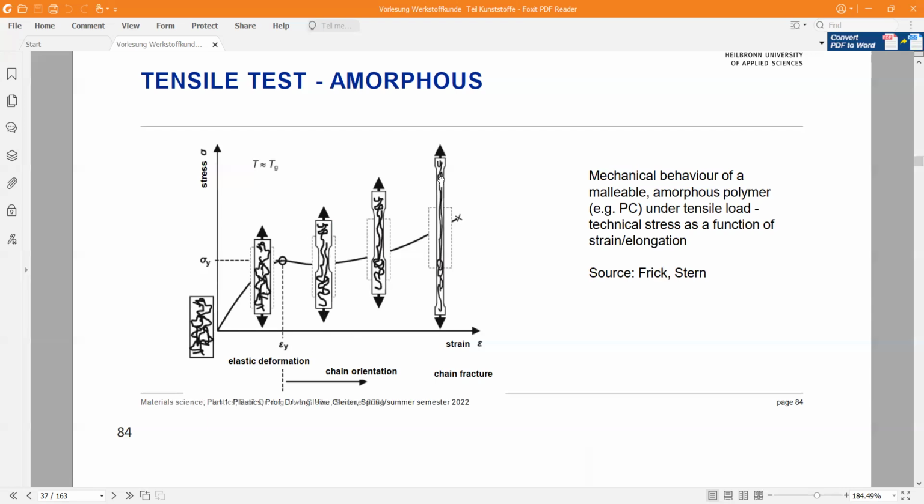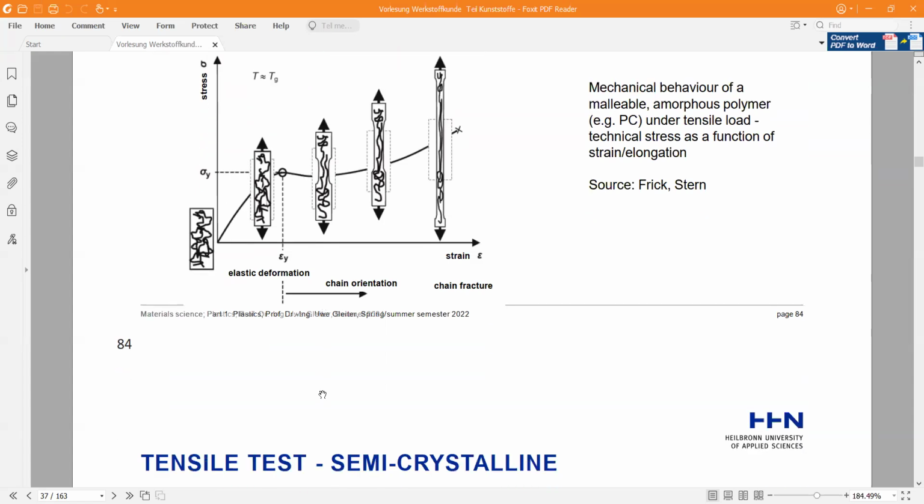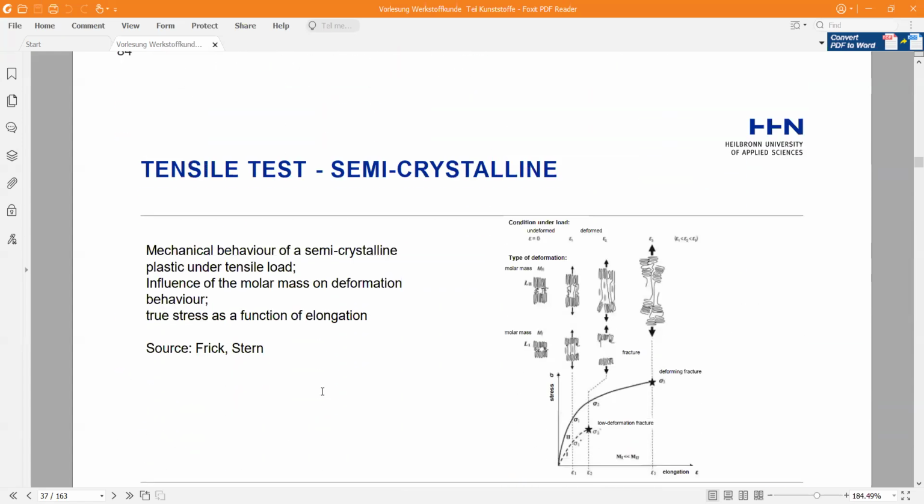We can see here elastic deformation, where chain rotation is changing, up to the fracture. Tensile stress, semicrystalline. Mechanical behavior of a semicrystalline plastic under tensile load. Influence of mass on the deformation behavior. Stress as a function of elongation.